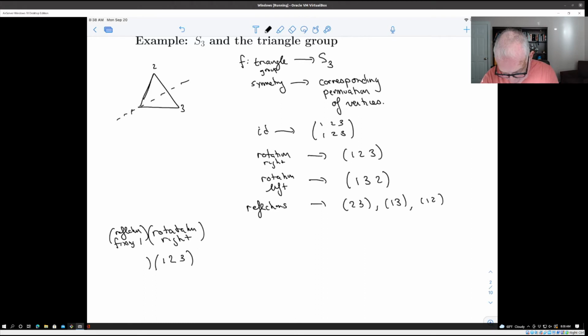And the reflection that fixes 1 interchanges the vertices 2 and 3. And so what's the combined effect? Well, 1 goes to 2 when we first do the rotation, and then we do the reflection, 2 goes to 3. So 1 goes to 3. And then 3 goes to 1. And then 2 is left alone. So in terms of the computation, this is the reflection fixing 2.